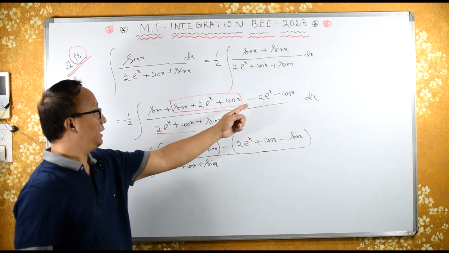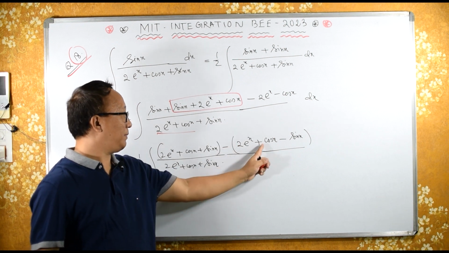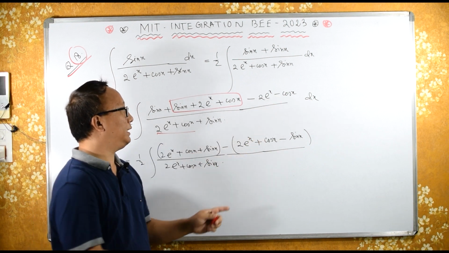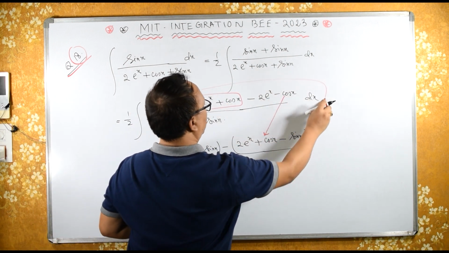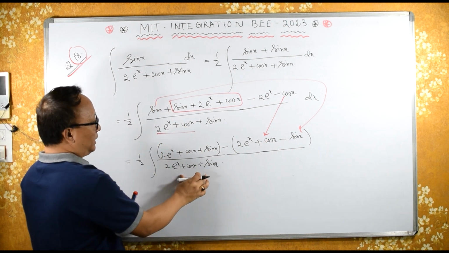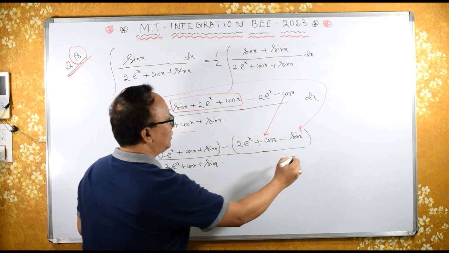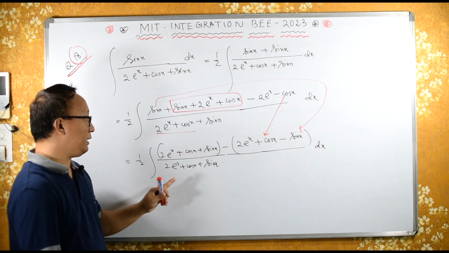What I am doing is, this 2 e raised to x is as it is, so plus, minus this cos x is over here, and this sin x also becomes here, because minus becomes plus. Now let's separate this upon this and this upon this into dx. When I separate, the denominator stays the same, so therefore it's one integral.